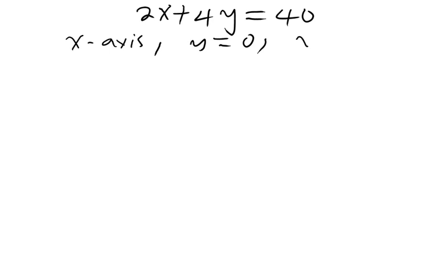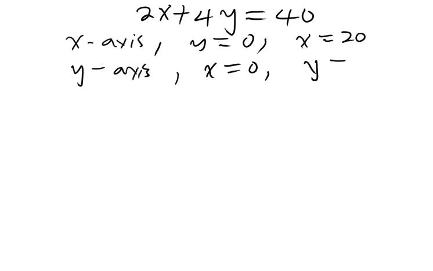Then when y is equal to 0, you have x equal to 20. Then it cuts the y-axis at x equal to 0, and when x is equal to 0, you have y equal to 10. So the x-intercept is (20, 0), and the y-intercept is (0, 10).